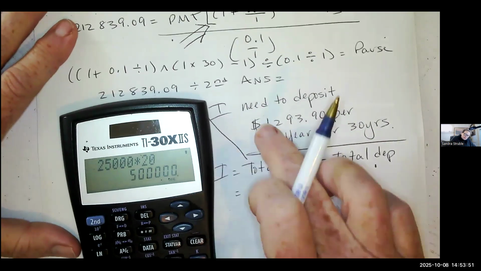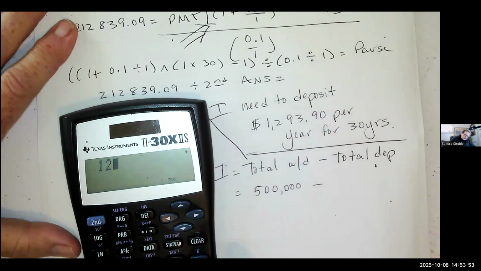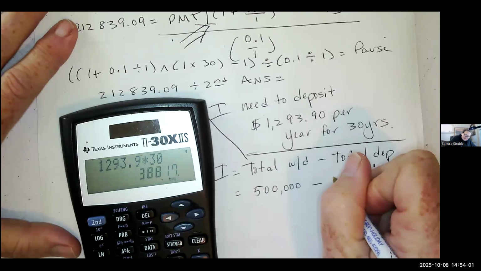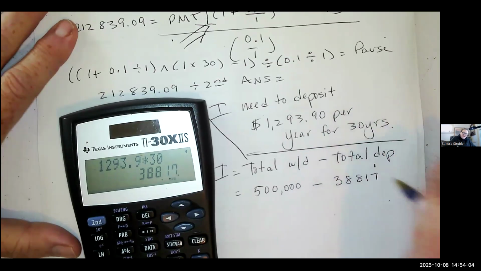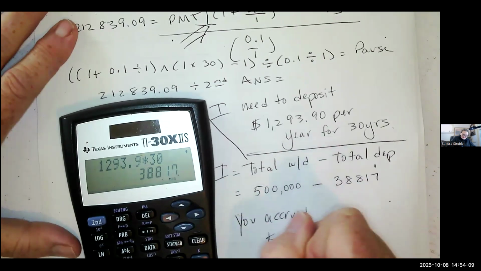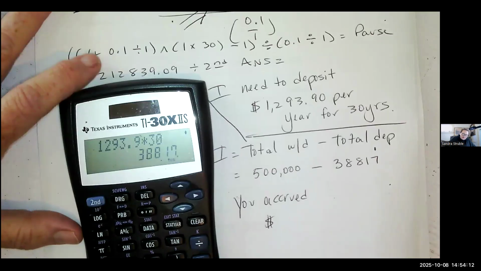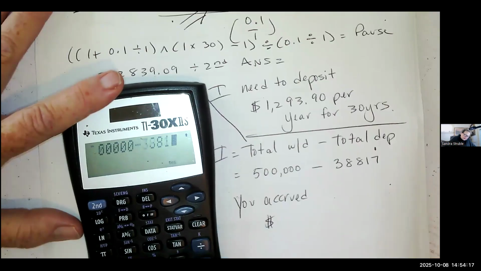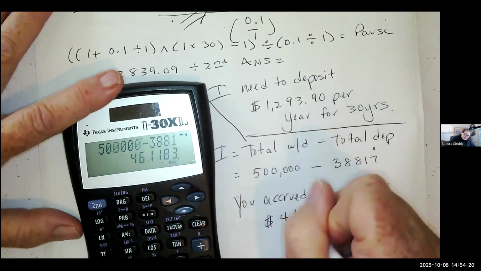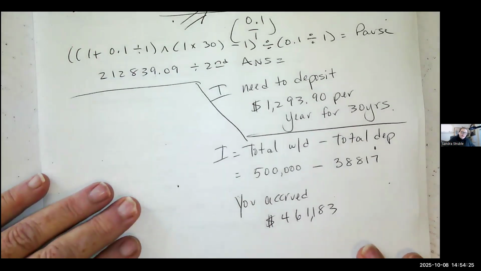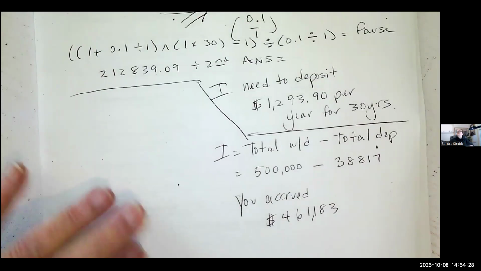And the total deposited was 1293.9 for 30 years, because it's yearly. You deposited $38,817. So you accrued 500,000 minus 38,817, which is 461,183. So you accrued over the 50 years $461,183. This is not part of your homework.